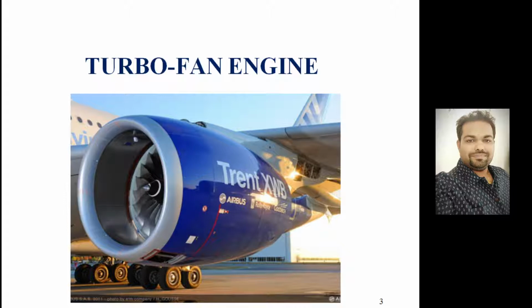Nowadays, most of the civilian passenger aircraft are using the turbofan engine because these are more efficient, even at lower speed where turbojet becomes inefficient, and at high speed where turboprops are not efficient. So it has dual advantages over the turbojet and turboprop configurations.